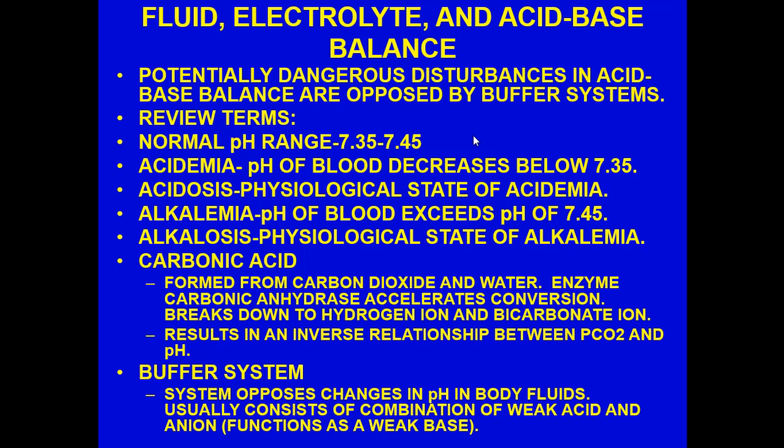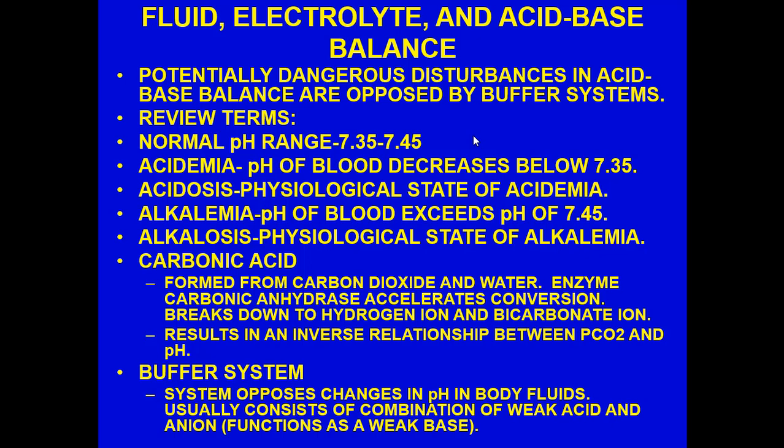Now, if you have a rush of excess hydrogen ions, that's going to cause the hydrogen ions to bind with the bicarbonate ion to form more carbonic acid, because this reaction is reversible. It's reversible from carbon dioxide and water to carbonic acid, and it's reversible from carbonic acid to hydrogen ion and bicarbonate ion, and back to carbonic acid, okay?